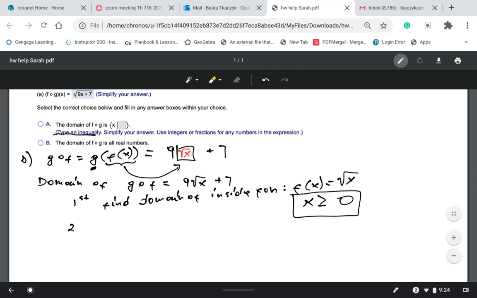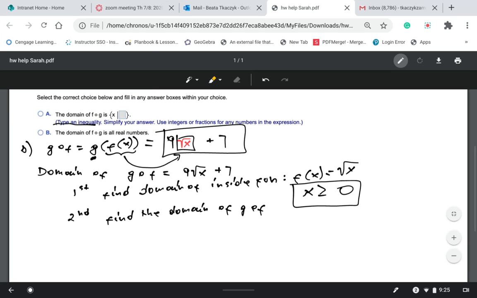Now, second, find the domain of your composition, g composed with f. So g composed with f is 9 square root of x plus 7. Again, you will have to give the same condition for the square root of x.